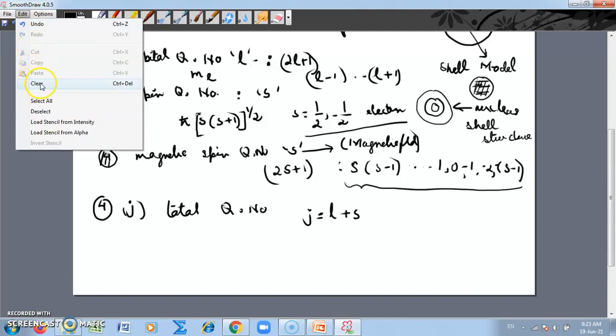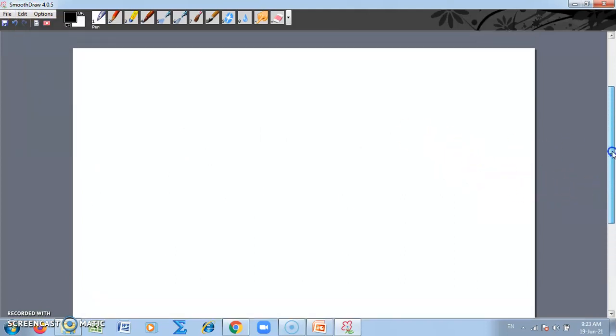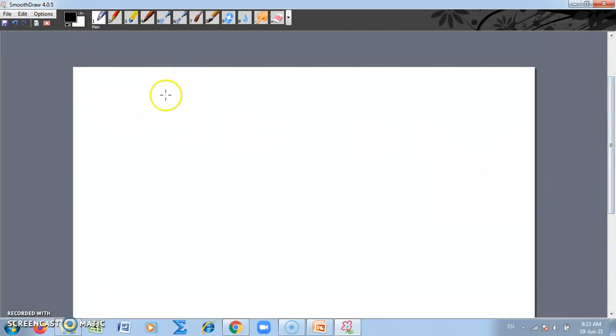So we'll look at these properties. I'll name this separately as A. So this is the isospin quantum number.